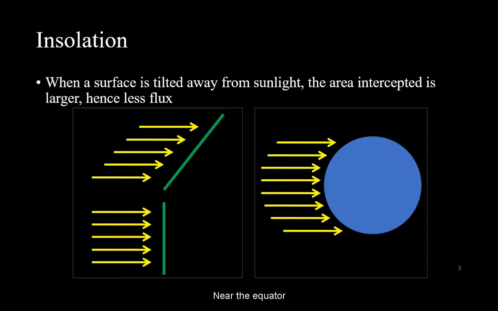Near the equator, solar power hits the surface more directly, hence it is more concentrated per unit area and there is greater heating.